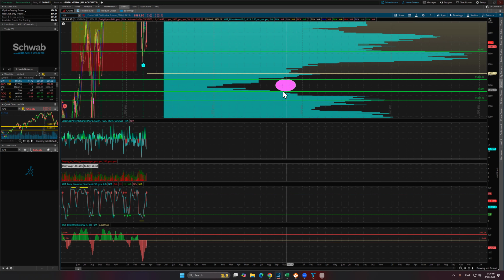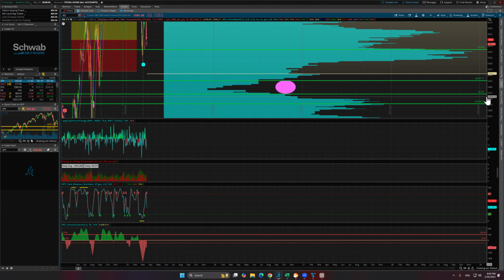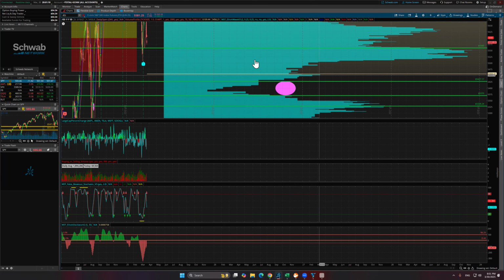And then a big volume gap. So I'm thinking if we cannot stop here, then it will go to 53.70-ish. And if we do stop here, so that's going to be 3.